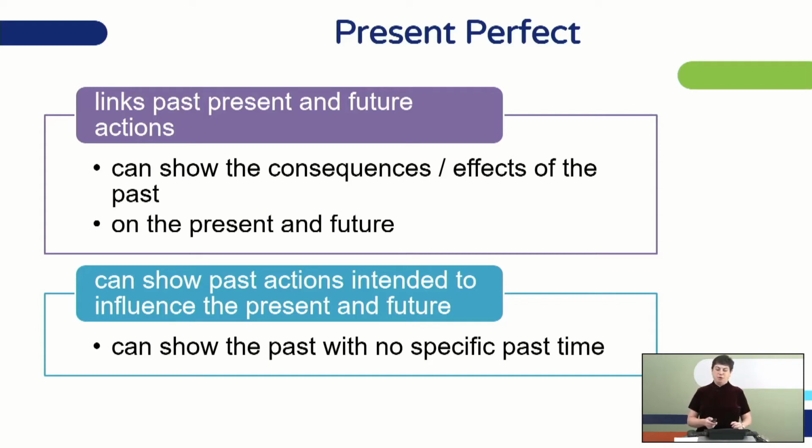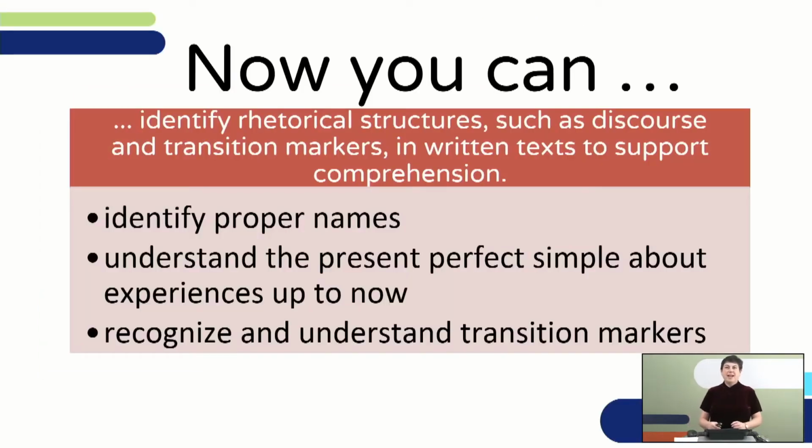At the beginning, I asked you, can you identify the rhetorical structures such as discourse and transition markers in written text to support comprehension? That's still a mouthful, but I think you might answer now, yes, I can. Yes, I can identify proper names by their capital letters.